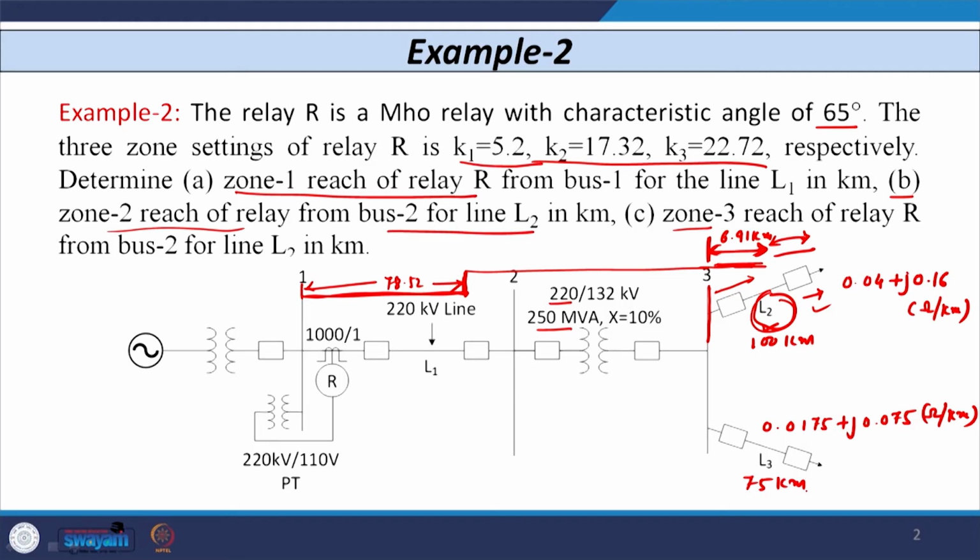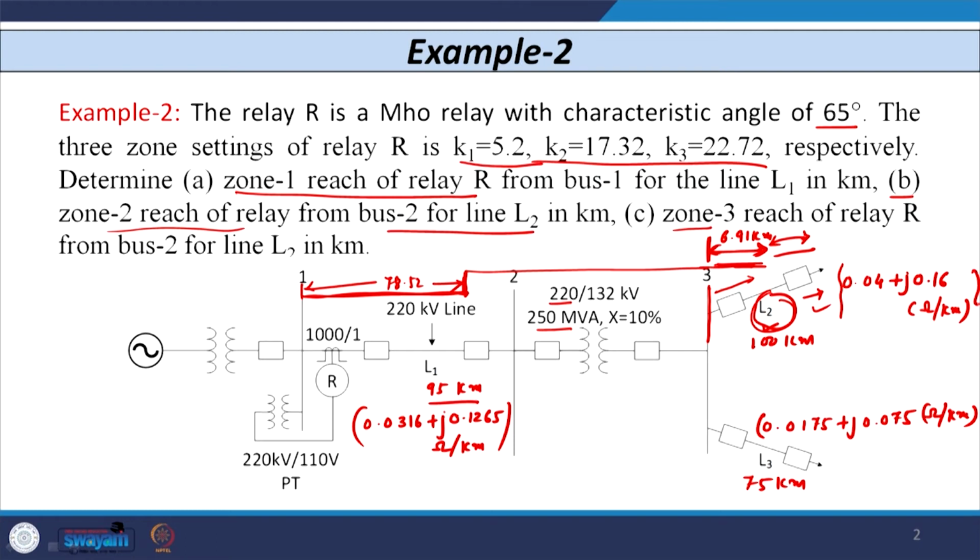This is the impedance in ohm per kilometer, and this is also in ohm per kilometer, and the length of L3 is 75 kilometer, right, and the length of L1 is 95 kilometer, and we already know its impedance is 0.0316 plus J0.1265. This is in ohm per kilometer, right.